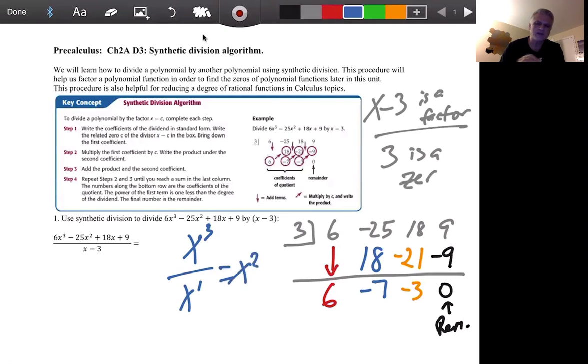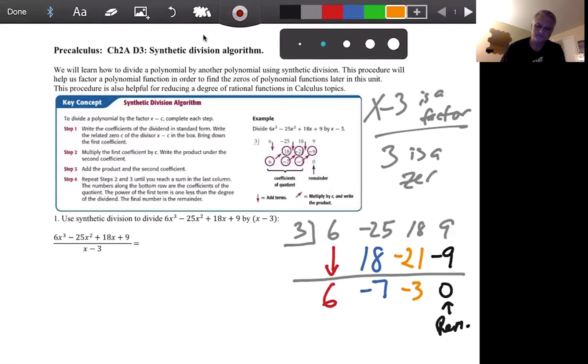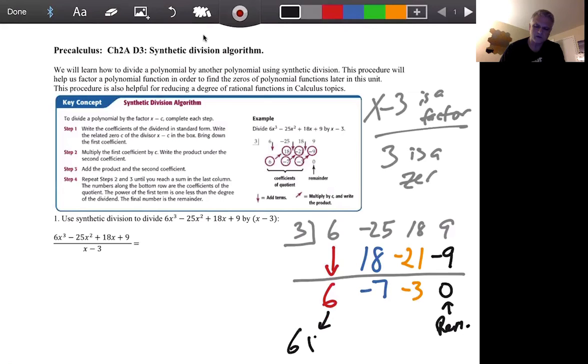So your answer is going to have an x squared in it if you have x cubed and you divide by an x. So that means that we will translate this into 6x squared minus 7x to the first, minus 3. And then there's a 0 remainder. Okay?